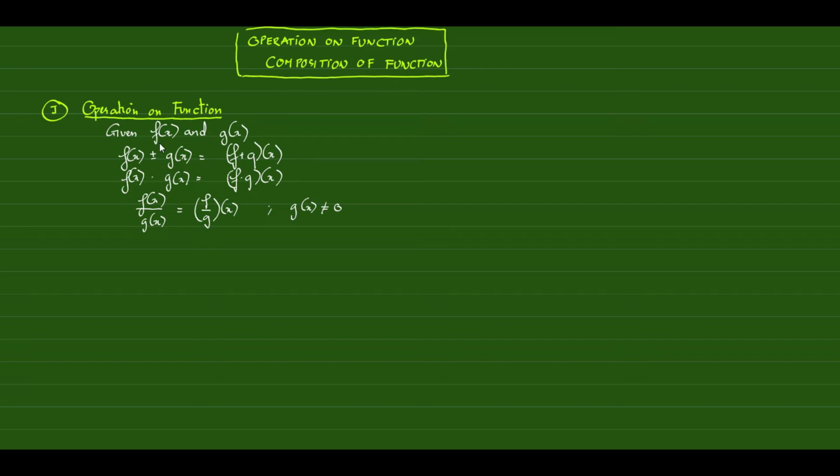And as I said, it depends, let alone finding the domain of the sum or the product. So I may give you just a couple of examples of finding the domain of the sum, the product, or even the quotient.